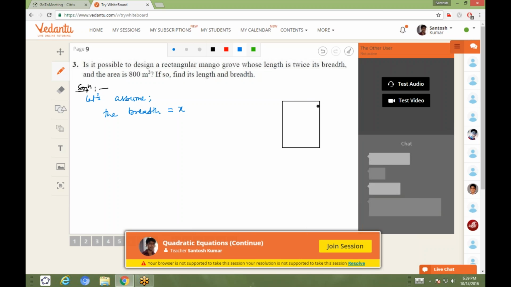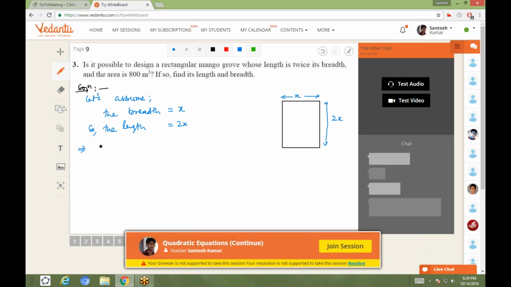If we assume the breadth as x unit, its length will be 2x. So the length will be 2x exactly. Now, according to this question, the area is 800 meters square.